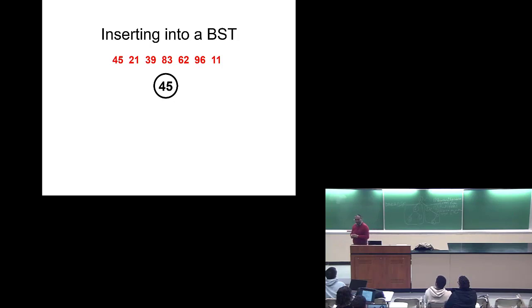So make 45 the root. All right, we are done with 45. Now the next element is 21. So when you're creating this binary search tree, where would you like to put 21? Should we change the root? No, right? Why change the root? We have 45, just leave it as 45.